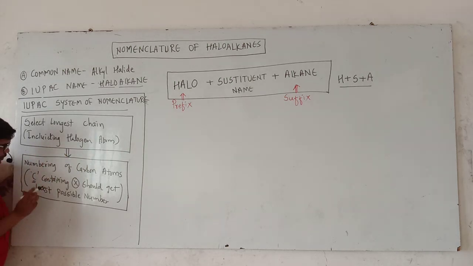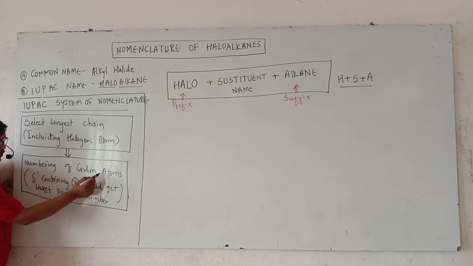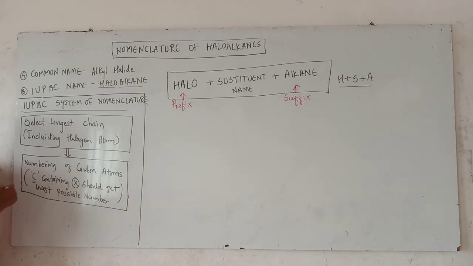And the second main step is numbering of carbon atoms. While numbering, the carbon containing the halogen atom should get the lowest possible number. The halogen atom is attached to which carbon atom? That carbon must get the lowest possible number, and from that side you will do the numbering.